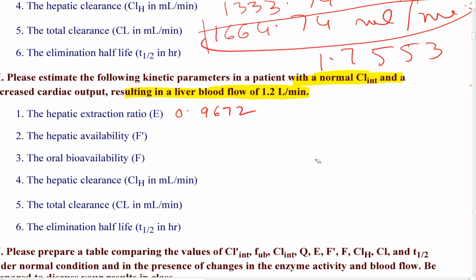Same, now it is just repetition of old stuff. 0.0328 is the hepatic availability. Oral bioavailability, same old thing. F is equal to Fg times F prime.